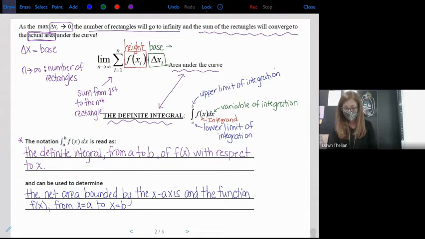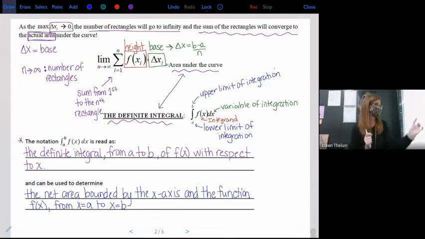The base, the delta x, is just going to be your b minus a divided by n. Even though theoretically the length of the bases can be any length, when we're evaluating any of these examples, we are going to have equal bases in order for us to interpret the notation. The i is just the base of the ith rectangle. Is it the first one, the second one, the third one, the fourth?